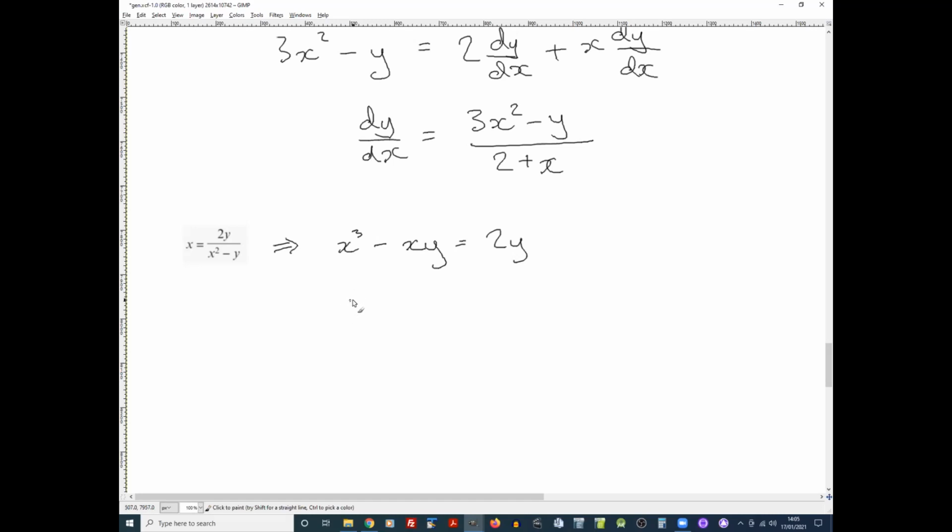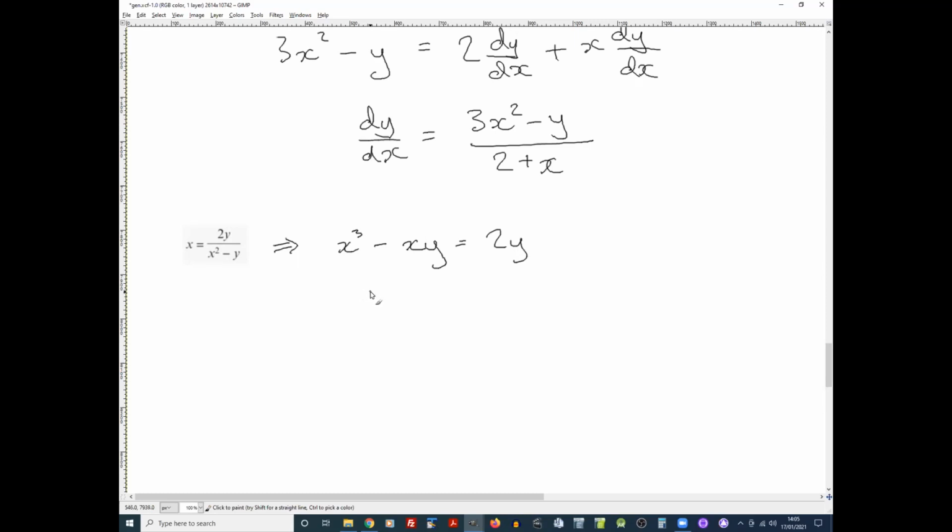What are we trying to do? What's our medium-term target here? Get y on its own. Yes. So divided by y. I don't think that's an option yet, is it? Not a productive thing yet.